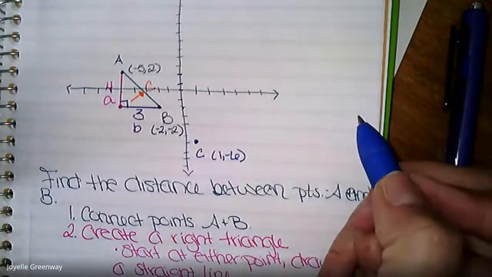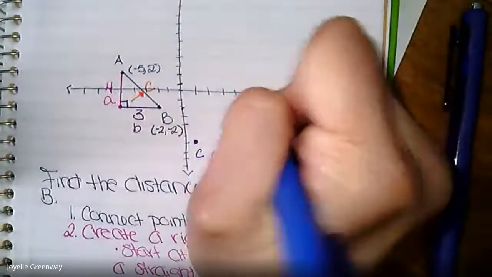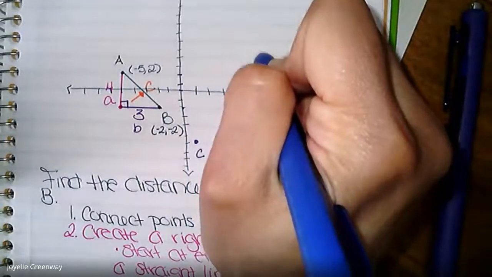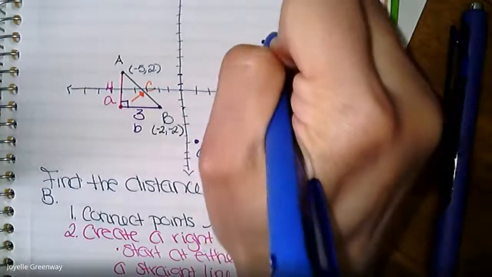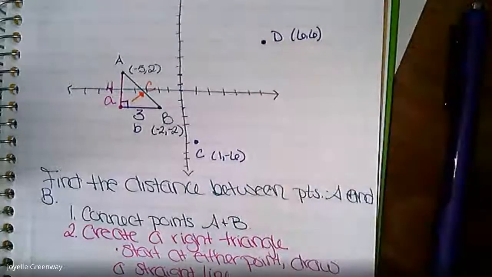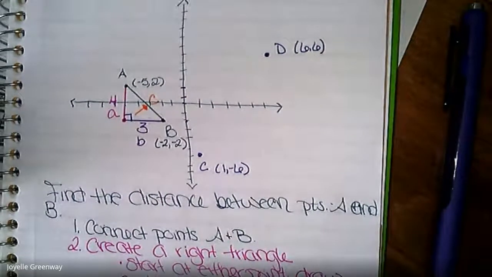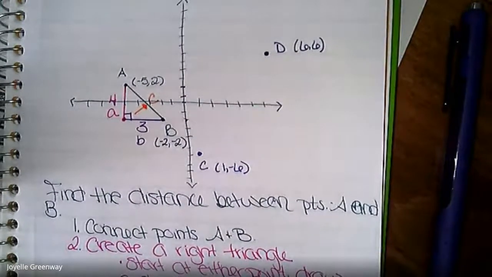And then I'm going to go over 1, 2, 3, 4, 5, 6, up 1, 2, 3, 4, 5, 6. So over 6 and up 6. I'm going to call that D. And that's at (6, 6). Now I'm going to find the distance between D and C.